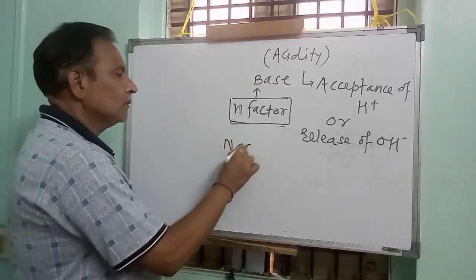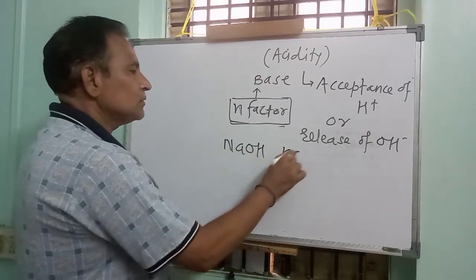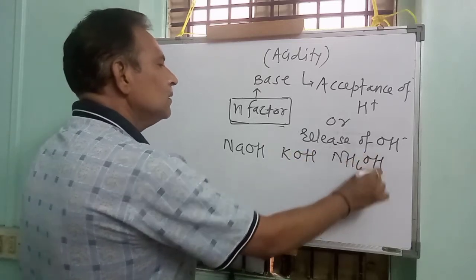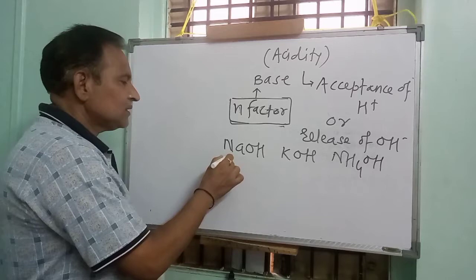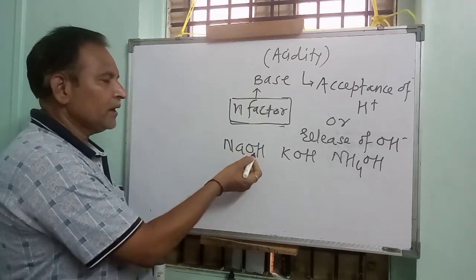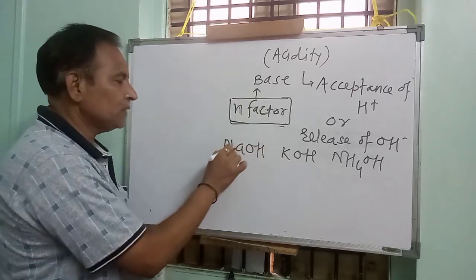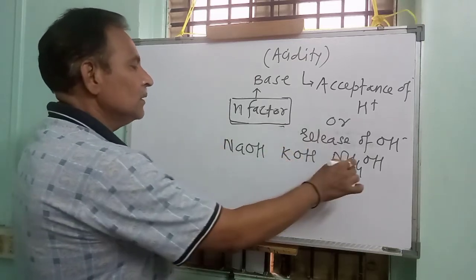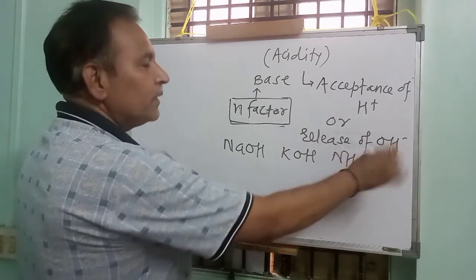NaOH, KOH, NH4OH are bases. Each accepts one proton, that proton combines with OH to give H2O, plus Na plus, H2O and K plus. Then here also NH4 plus water.